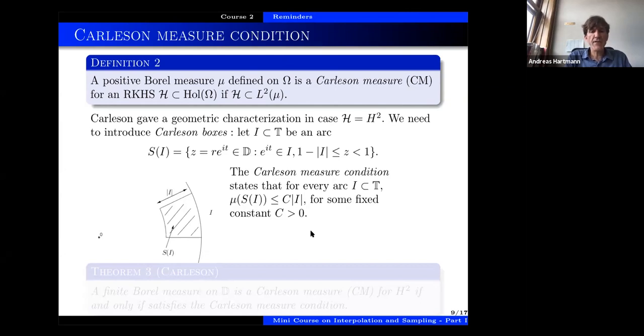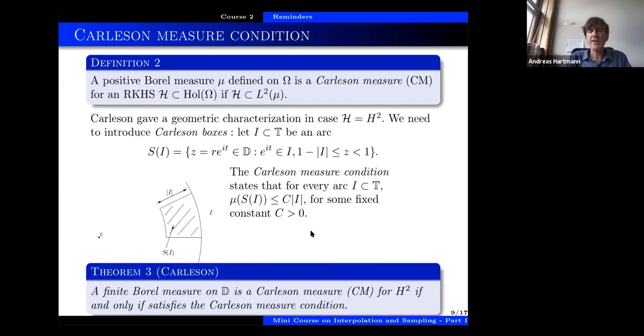And the famous result by Carleson tells us that under this condition, we have the embedding, which means that the measure mu is indeed a Carleson measure. Okay, Carleson measures in H2 are characterized by this geometric condition here. And this is the one which we will use.